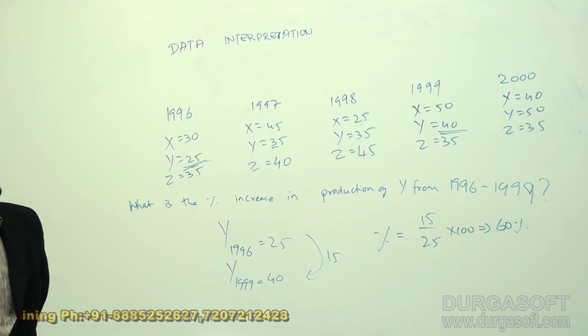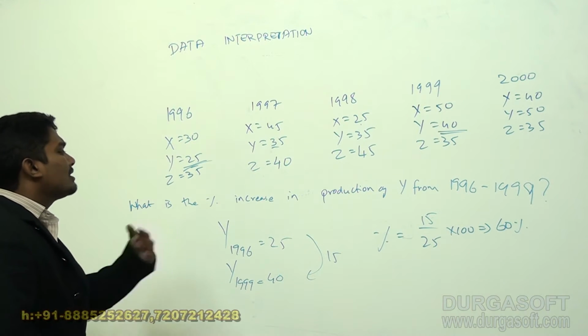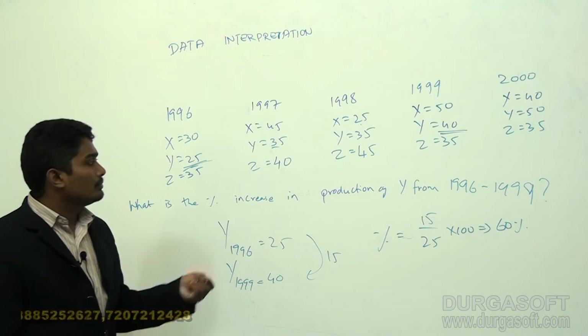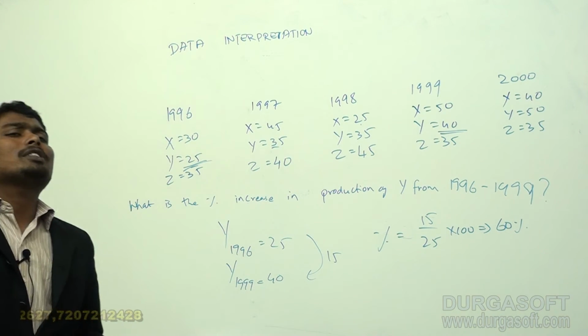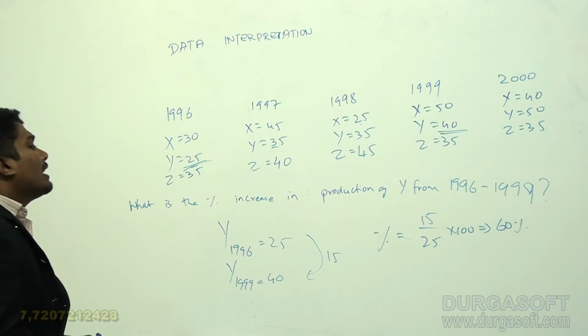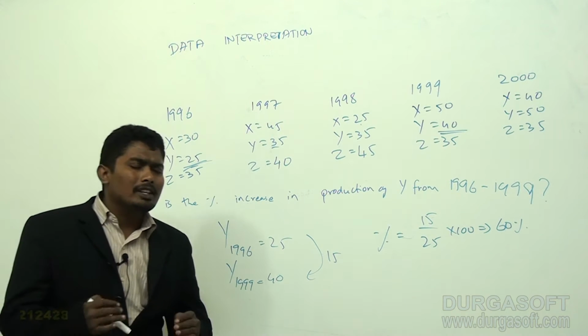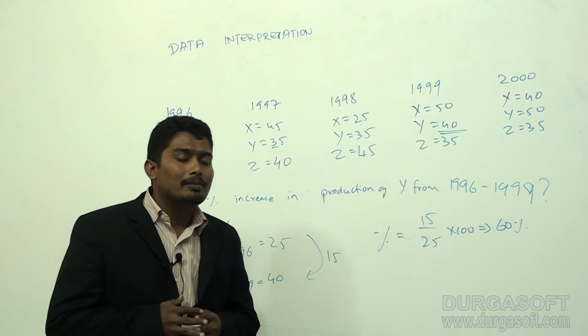So like this, depending on different questions, you can just answer based on the basic rules in percentage and ratio proportions. And this is how you will be solving data interpretation questions. Generally for these questions, if you go from the answer options, the answer will become much easier and you can solve it in much quicker time.